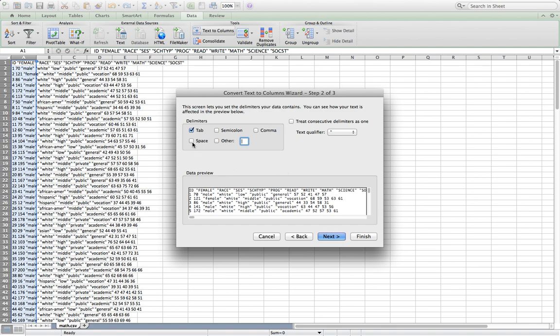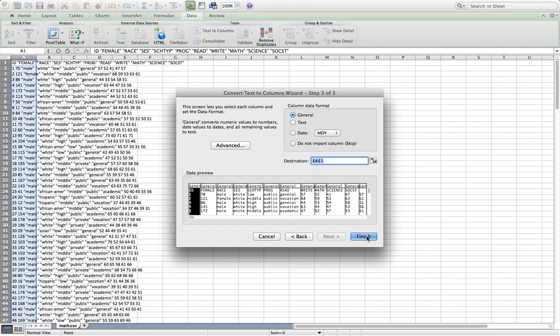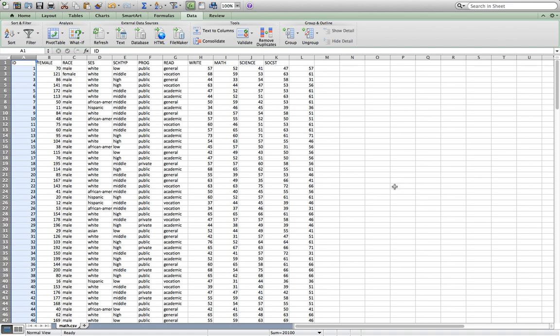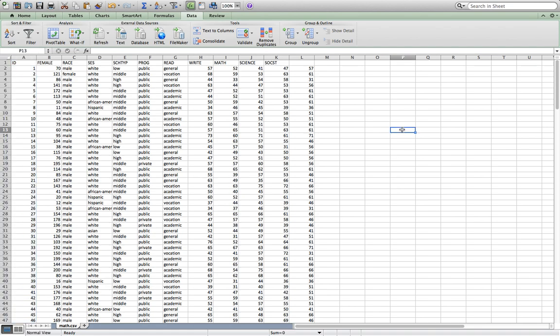And guys, these things are separated by space. Notice when I hit space, it automatically kind of reads my mind in that it wants to separate the entries by space by putting them in separate columns. Now I can go ahead and hit next, hit finish, and you'll see when I'm finished here, I have things in familiar format in a .csv file.